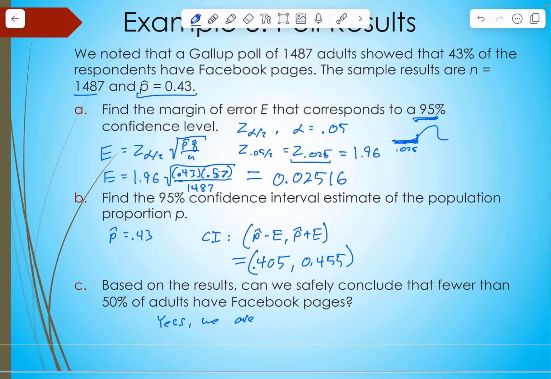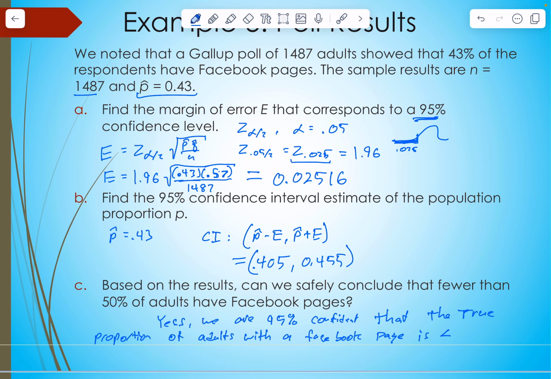We are 95% confident that the true proportion of adults with a Facebook page is less than 0.455, because we think that p, the actual proportion, is in this interval.